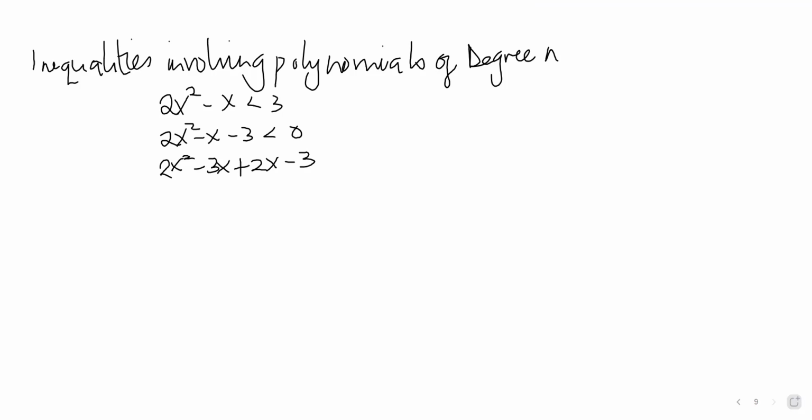So the two numbers will be minus 3 and 2. We have x into bracket 2x minus 3. So we have x plus 1 and 2x minus 3.